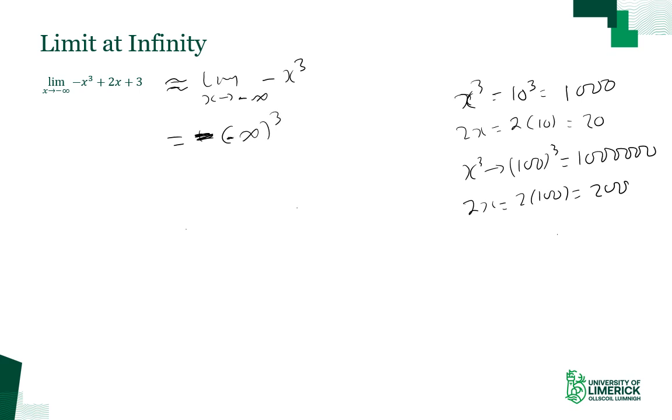Minus infinity cubed is minus infinity times minus infinity times minus infinity, and infinity times infinity is infinity. When you have 100, this is tending to infinity. If it is minus, this will be minus 1 million, so it's tending to minus infinity. And with the outer minus, minus minus gives plus infinity.